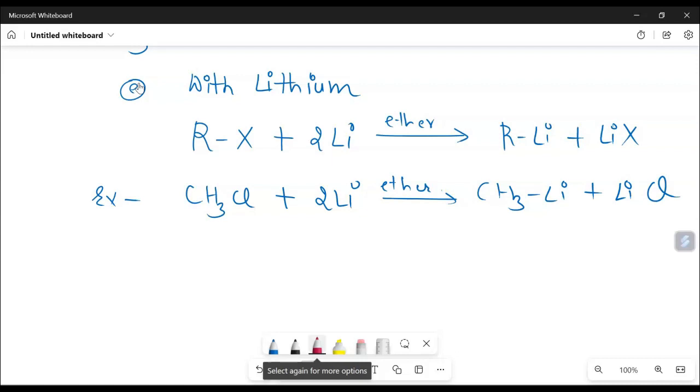The next chemical reaction which we are going to discuss is the chemical reaction of alkyl halide with reduction. Okay, so this is the next reaction, which is the number 4th. The first one is nucleophilic substitution reaction, in which the alkyl halide is attacked by a nucleophile. A lot of nucleophiles we have discussed in our previous videos. You can go and check it out.